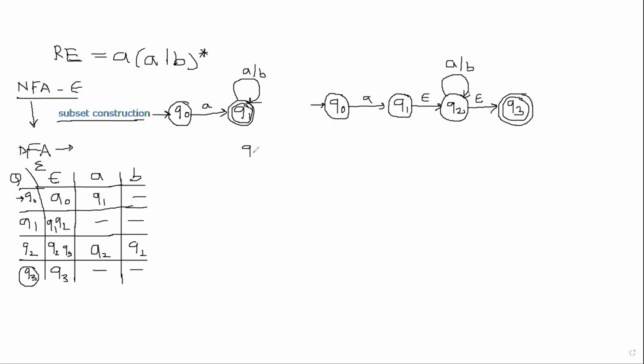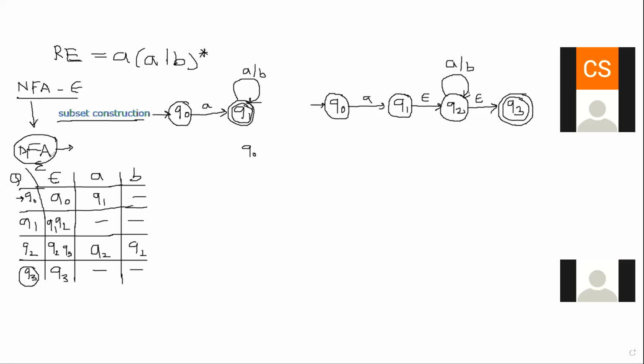Then I have to check the moves of Q0 with A and with B. And here I have to remove the epsilon transitions because in DFA, you don't have null transitions. We have seen DFA is having only deterministic path, no null transitions are present, and with single input, we are reaching to only one state.